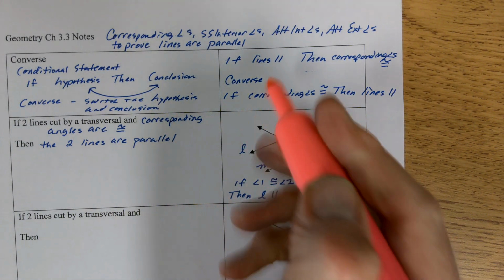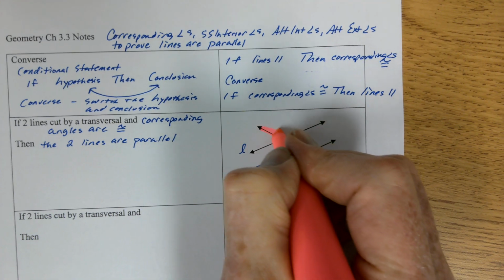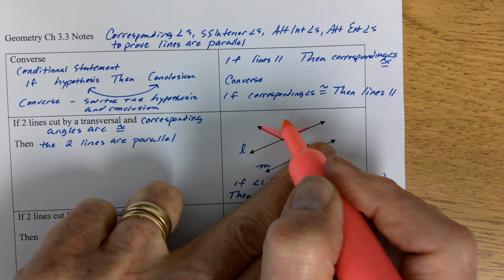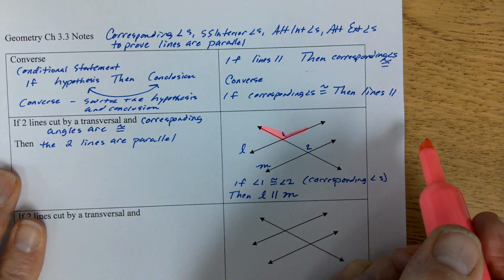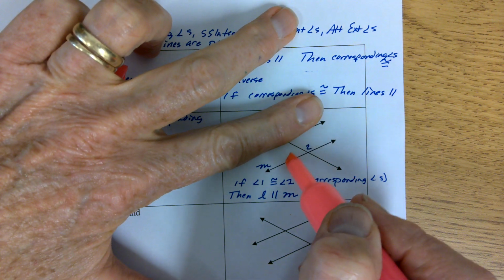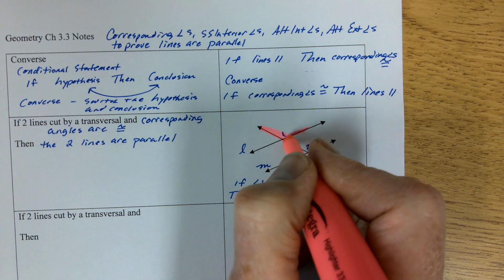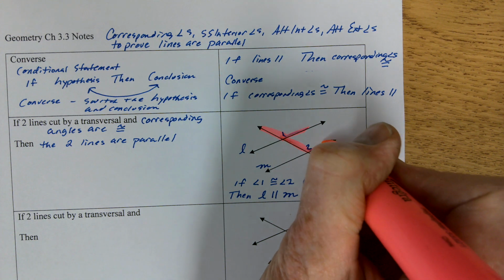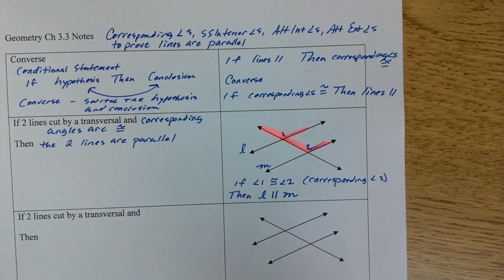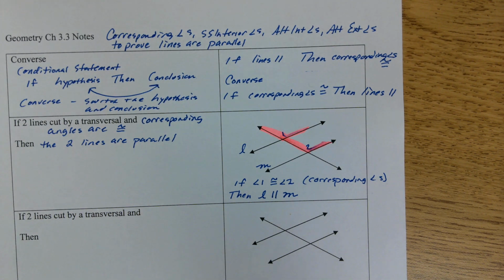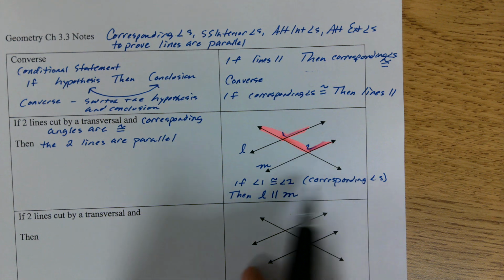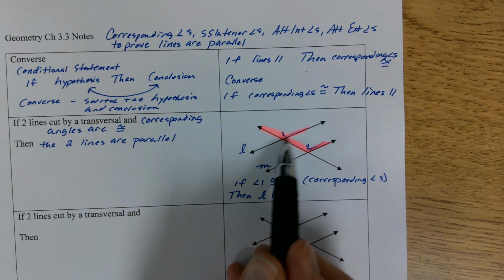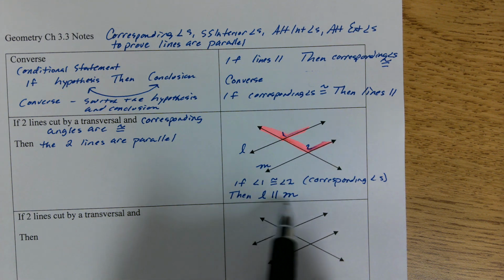Angle 1 is up here, in the top right corner of that intersection. Down here, angle 2 is in the top right corner. If we highlight them, they'll make the letter F. That means they're corresponding angles. So if you have corresponding angles congruent, then the two lines are parallel.